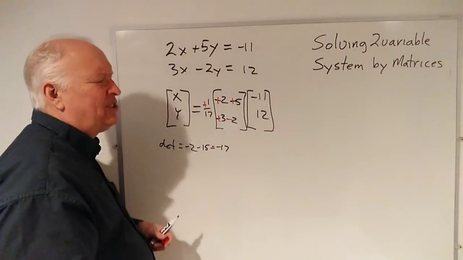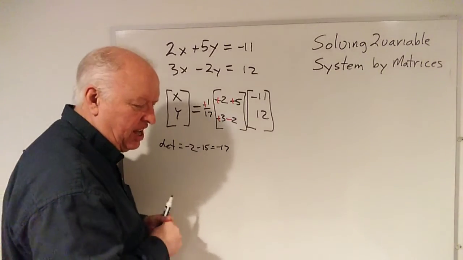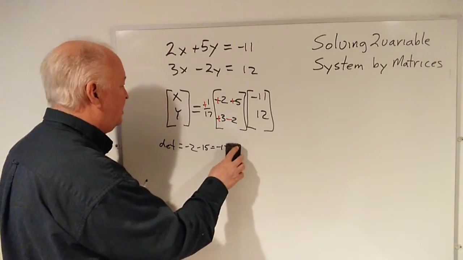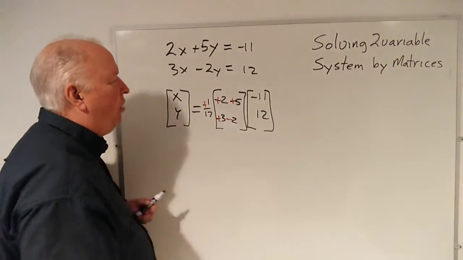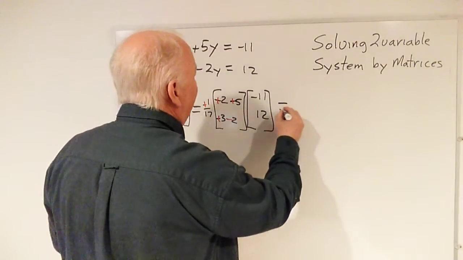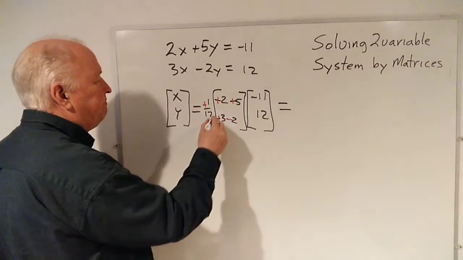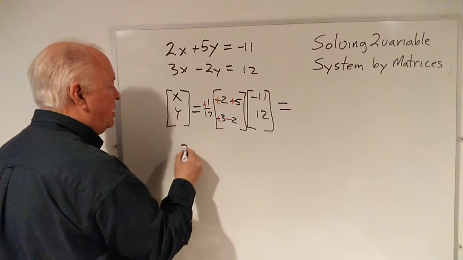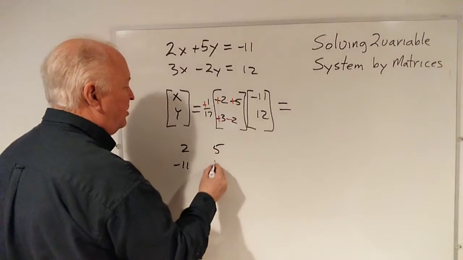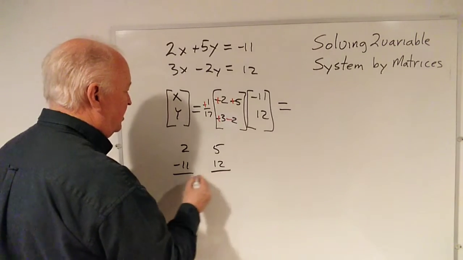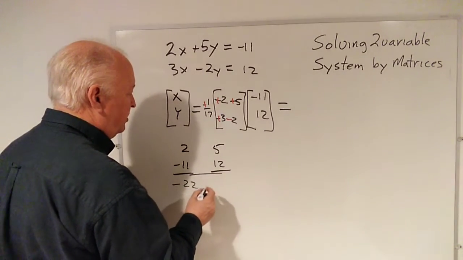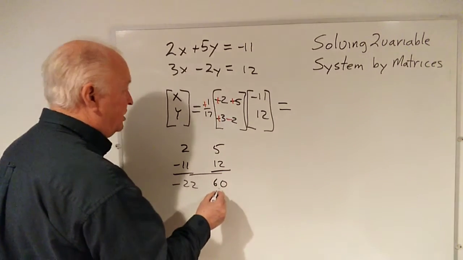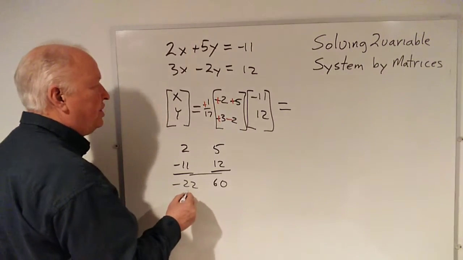You don't have to do that, but it makes my numbers easier. That's going to equal, we're going to take the first row times this column, so that's 2 and 5, -11 and 12. This is -22. This is 60. 60 minus 22 is 38.